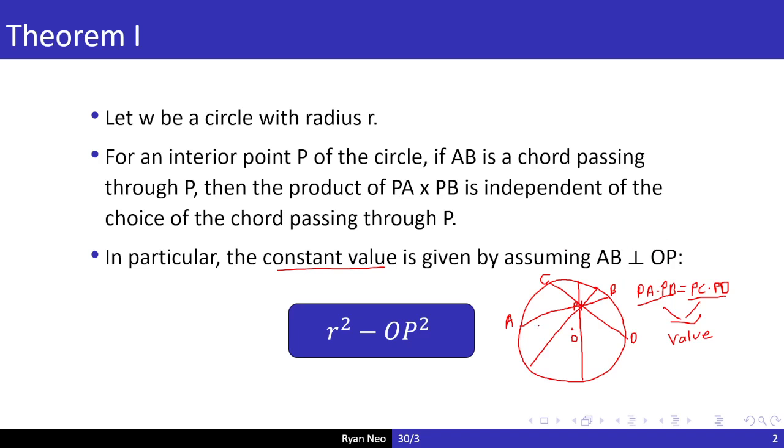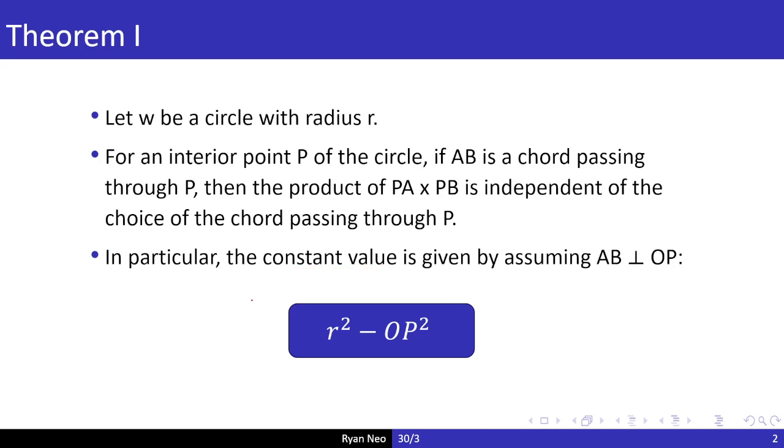Let me just remove everything from the screen again and redraw something. You want to find the constant value of the products of the parts of chords. I'll tell you a very simple way to find it.